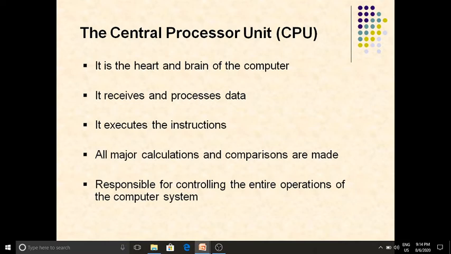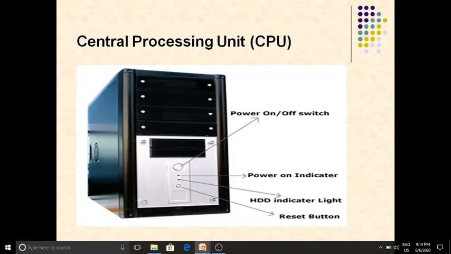Okay students, this is the CPU and other parts. So a computer is divided into three parts: input, process, that is the central processing unit, and output. Now you can see in this slide, the central processing unit. This is a box, the CPU box you can say. In the CPU box there is a power on off switch.